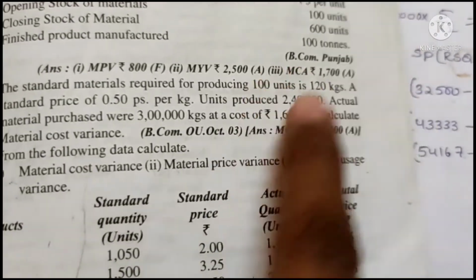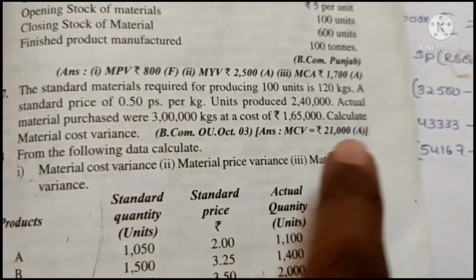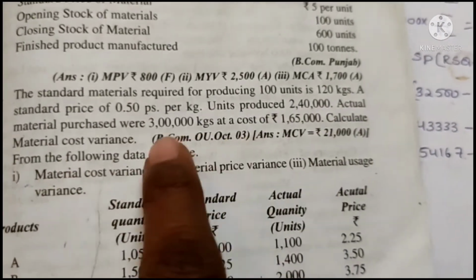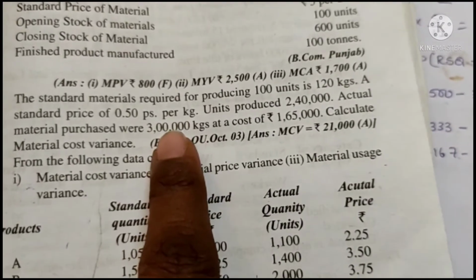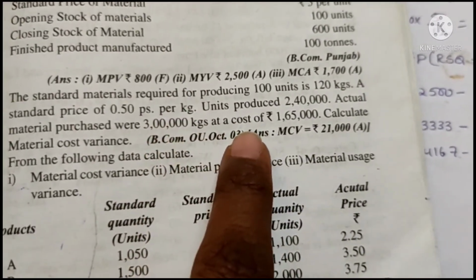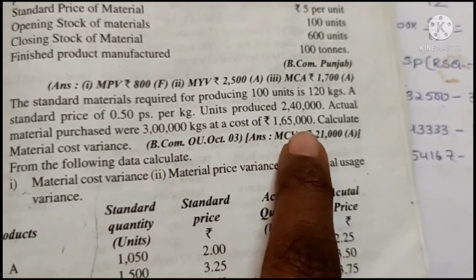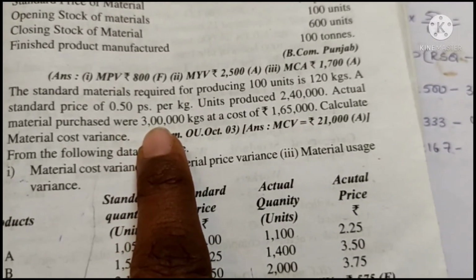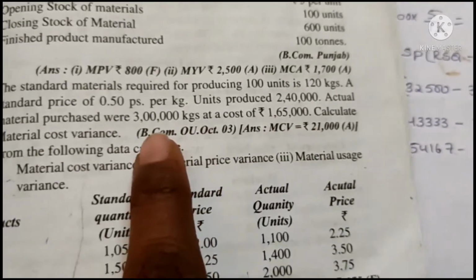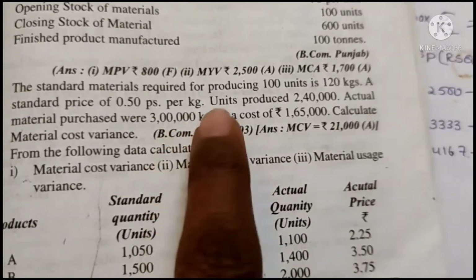So SQ will come. SP is how much? 0.50. Next, AQ is how much? 3 lakh kgs. Directly given. AP we have to find. How do we find AP? 1,65,000 divided by how much material we have purchased? 3 lakhs. So 1,65,000 divided by 3 lakhs, you will be getting the AP.